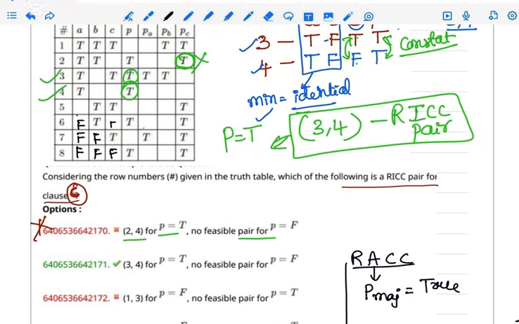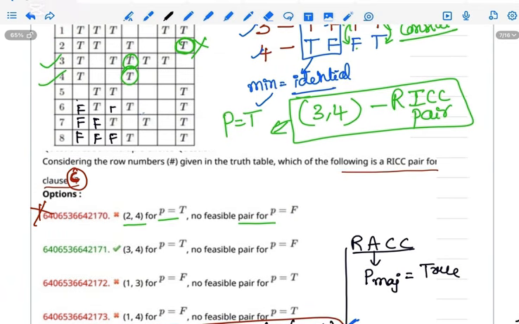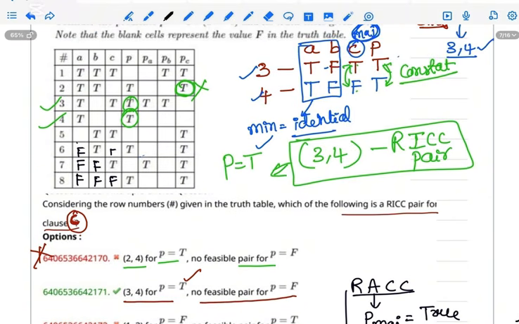For option B, 3 comma 4 is a RICC pair, that is a feasible pair for predicate equal to true. This is correct, and there are no feasible pairs for predicate equal to false. When we consider the feasible pairs, P_C equals false has only two conditions.